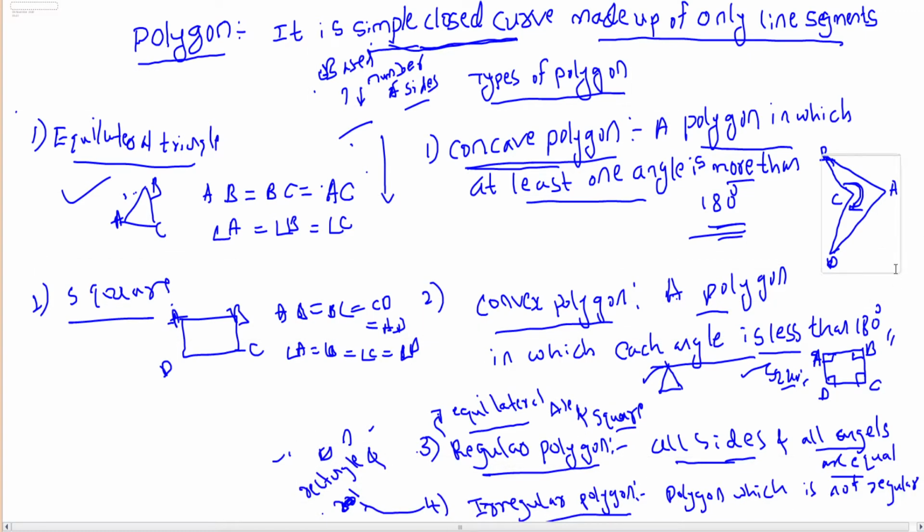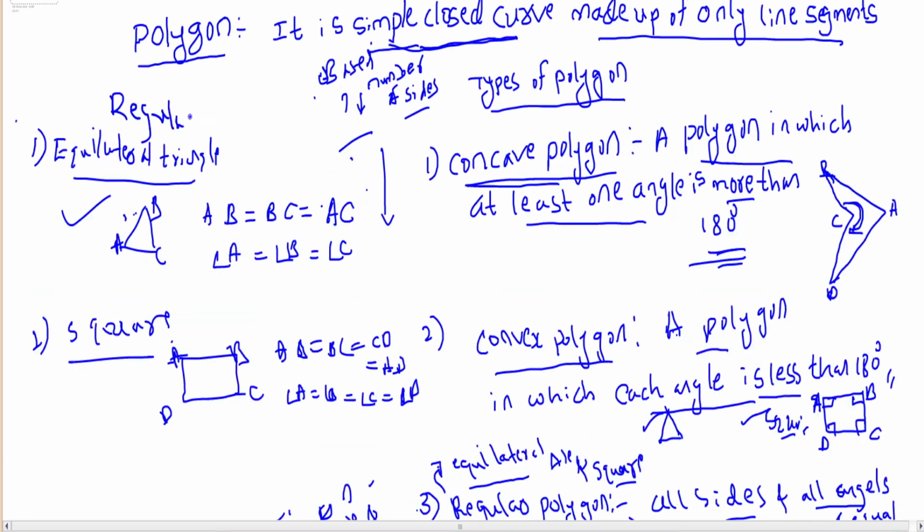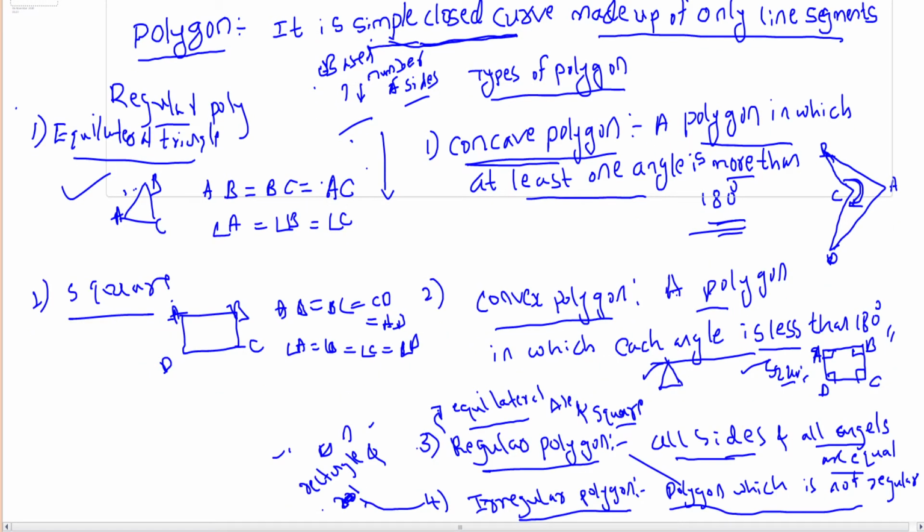The next one is the irregular polygon. The polygon which is not regular is called irregular. For example, take a rectangle ABCD.